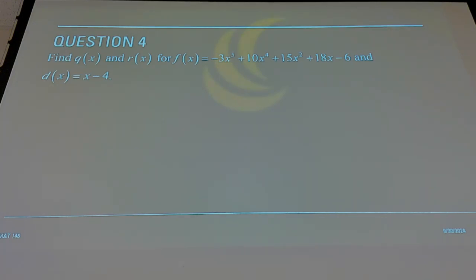Your form of the divisor for synthetic has to be x minus K. What's K? 4. Is your dividend in standard form? What are your coefficients?